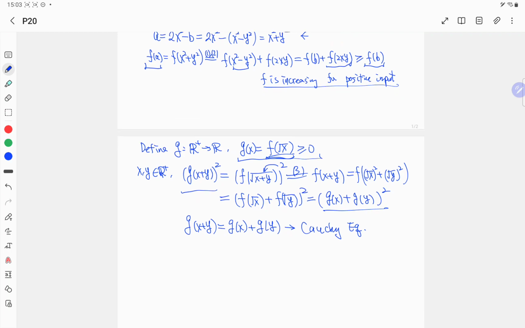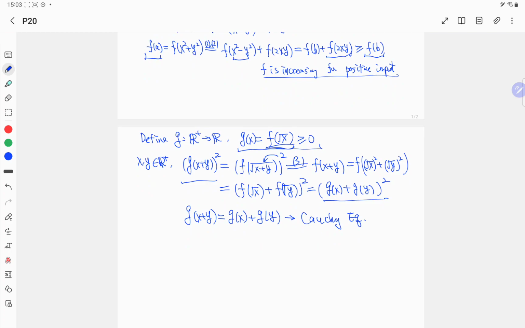And actually, we can simply prove that g is an increasing function. So suppose we have x larger than y, I mean, x is larger than y is larger than 0.